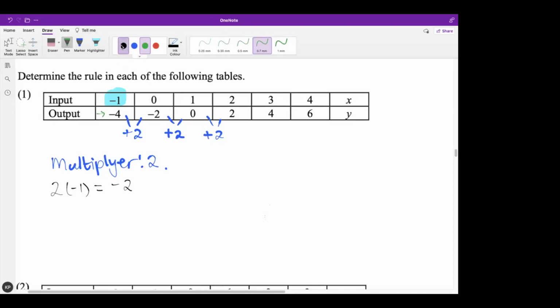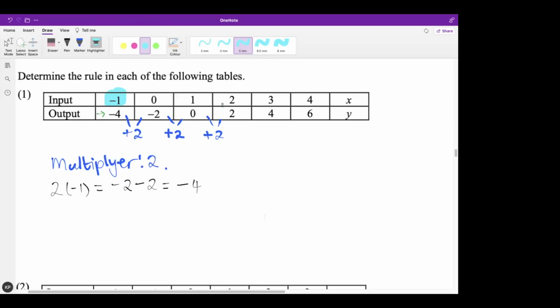So what do I still have to do with this number to get to the desired output? Not add 2. Nice, Logan. I have to subtract 2, which will give me -4.